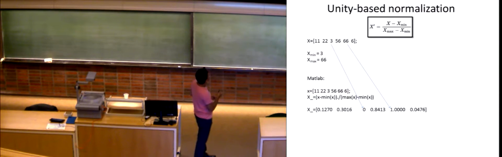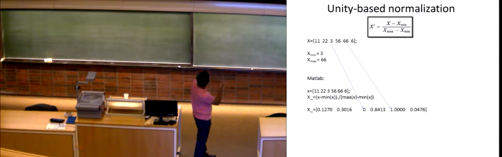So the first, straightforward way of having normalization in your data is min-max normalization. What you do here is choose x min and x max, and for every data sample, you subtract the minimum value and divide by the range. Let's see the example.